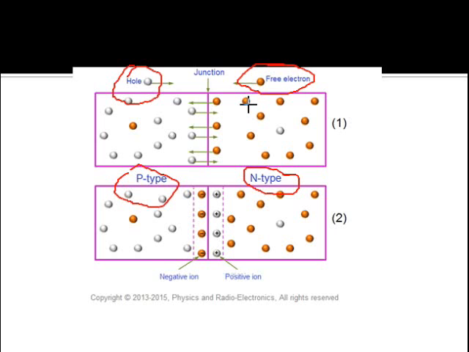But there is a catch. Once the junction is made, the electrons, though they want to cross, cannot, because they need a minimum potential of electrons and holes at this junction to cross it. This is the character of a p-n junction.